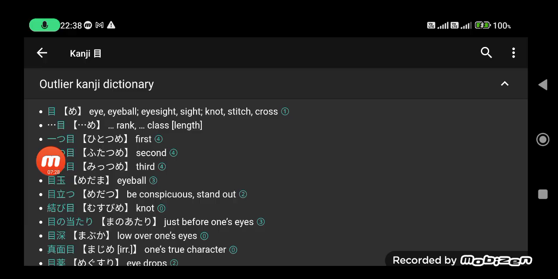Let's say first sighting or first insight, first object, second object, third object. Let's say first bridge, hitotsume no hashi. First bridge, hitotsume no hashi. Or second bridge, futatsume no hashi, second bridge.